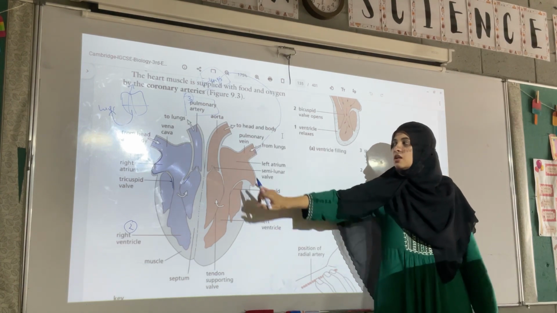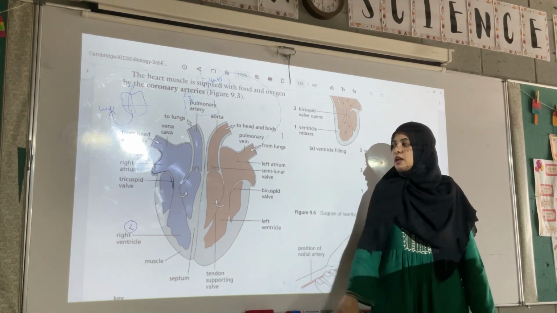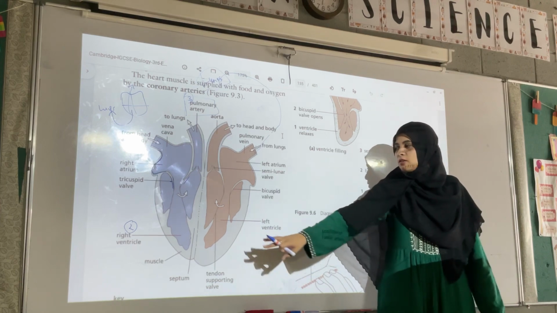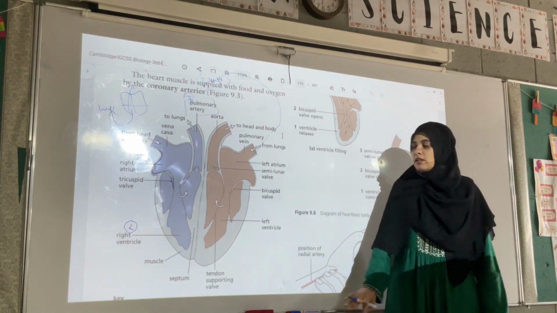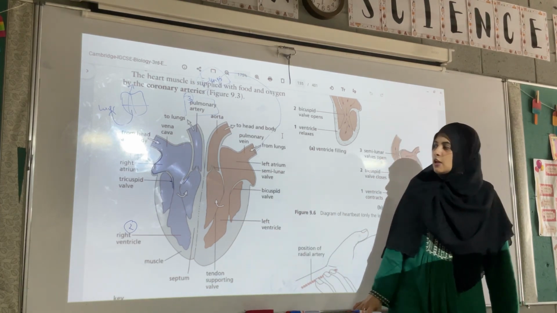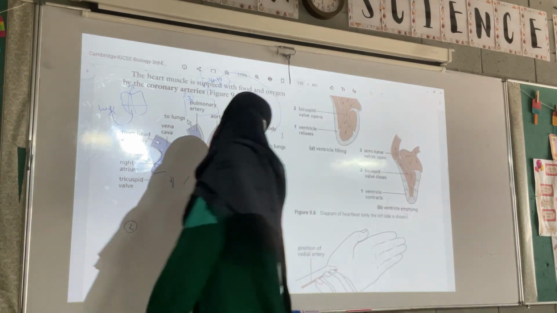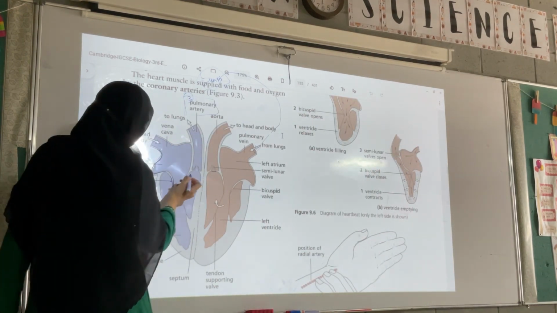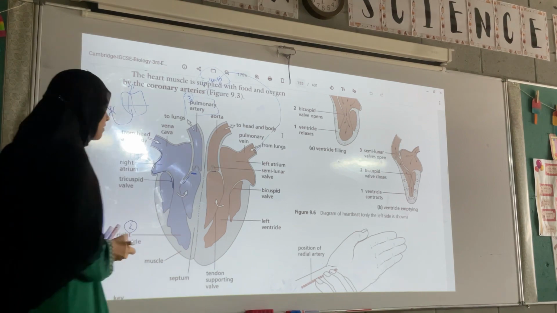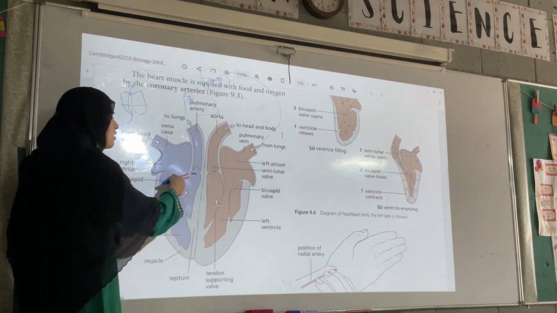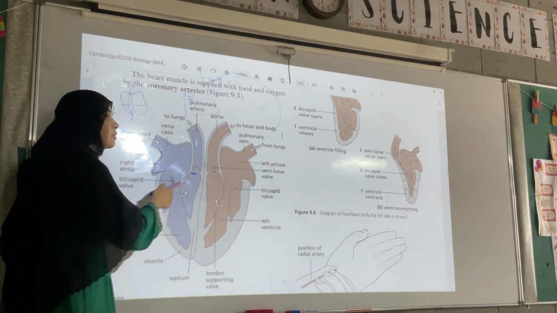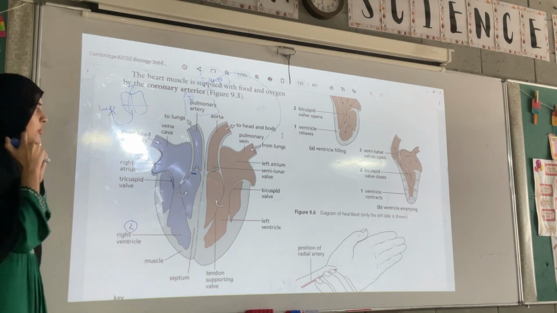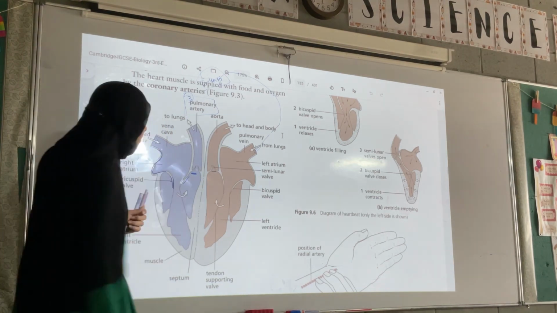They bring it to the left atrium, then the bicuspid valve, then the left ventricle, and then the aorta. Alright. So this valve is called what? And specifically this one is called what? Specifically the pulmonary valve. And this one is called the aortic valve.